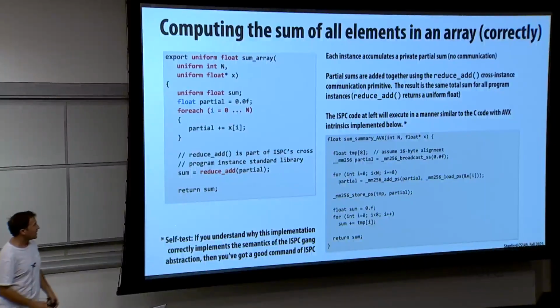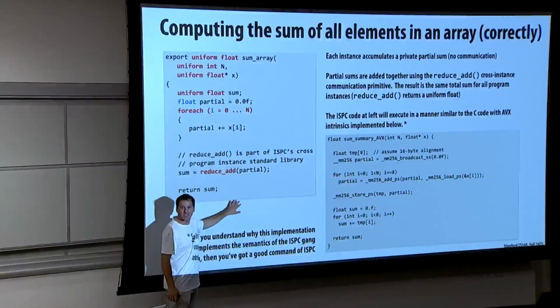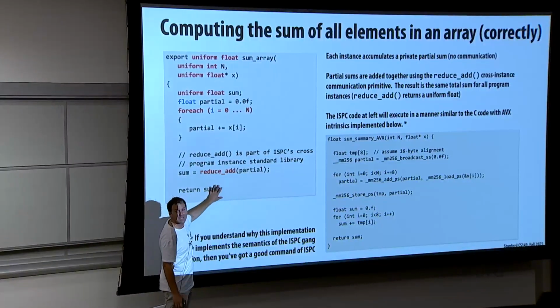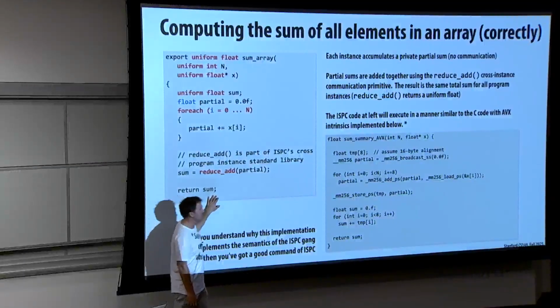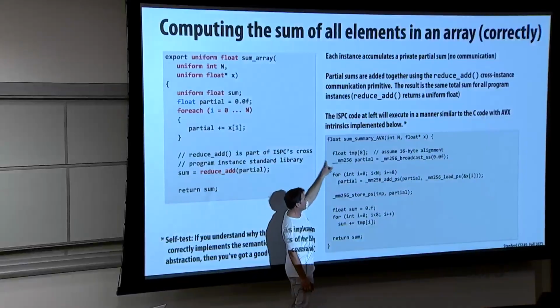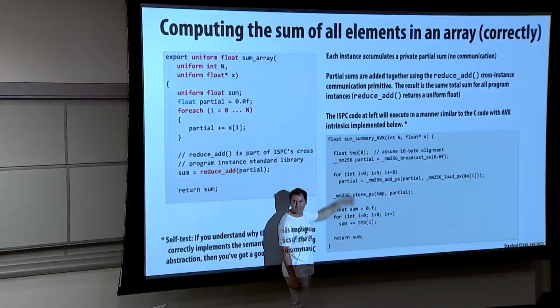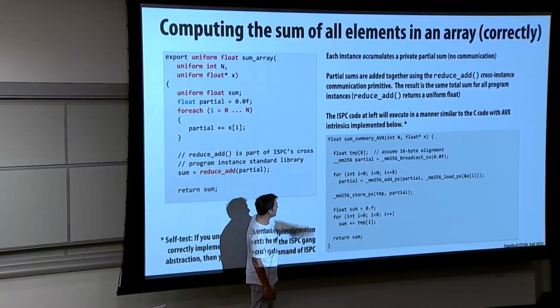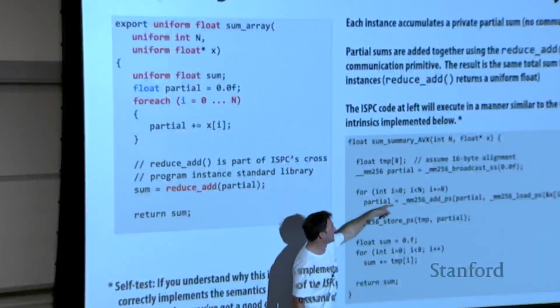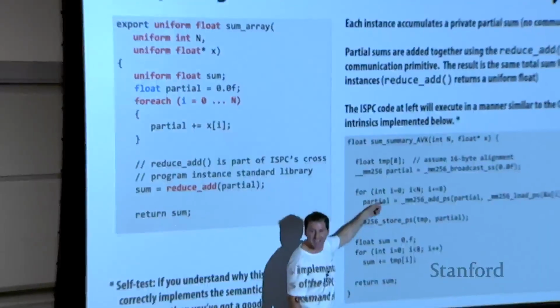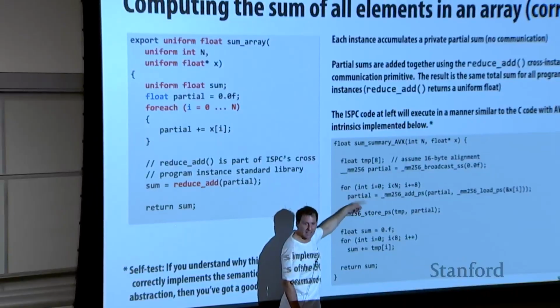Another way to check your understanding is that Ispc will compile this code. Now we're talking about the implementation of the current Ispc compiler, for a program solution that looks like this. Notice what's going on here. For i equals 0 to n by 8, just do a vector load and a vector add.